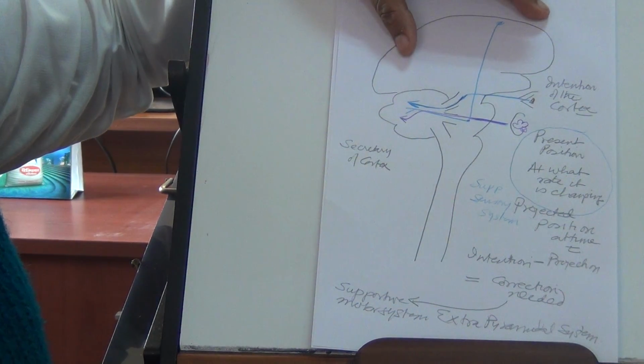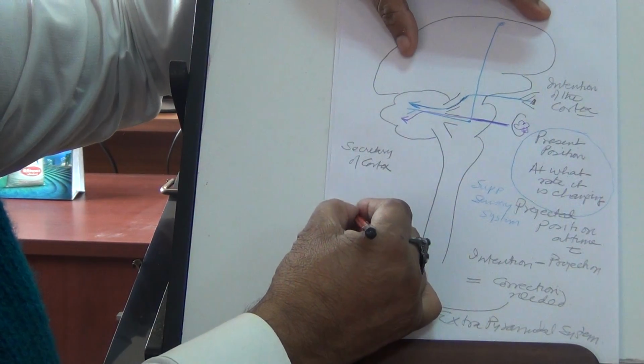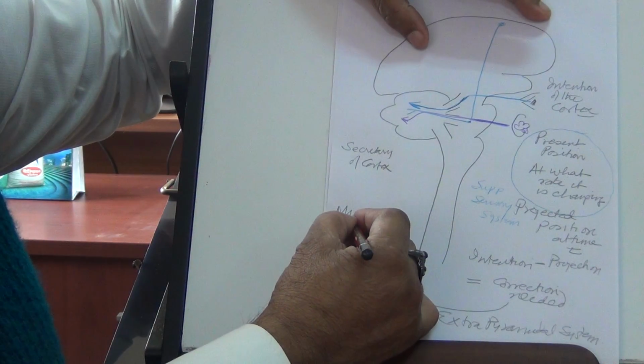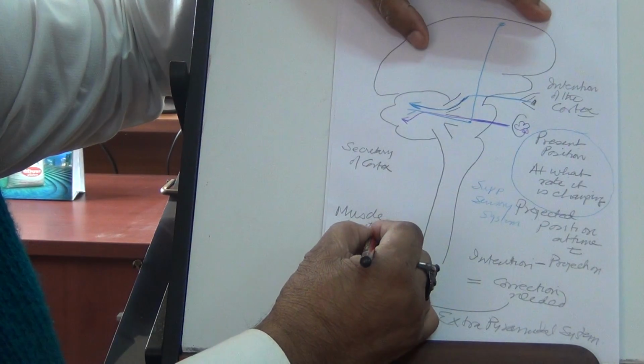Then there is the muscle and joint sense. Which muscle is contracted how much? What is the length between its origin and insertion, and what is the tone?